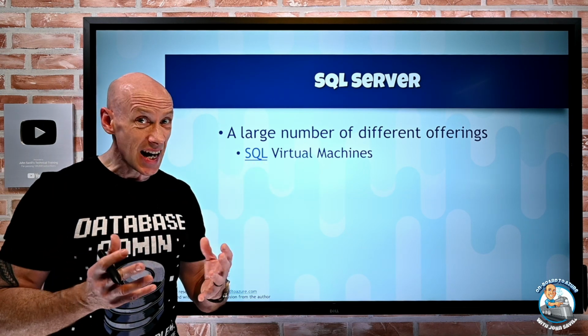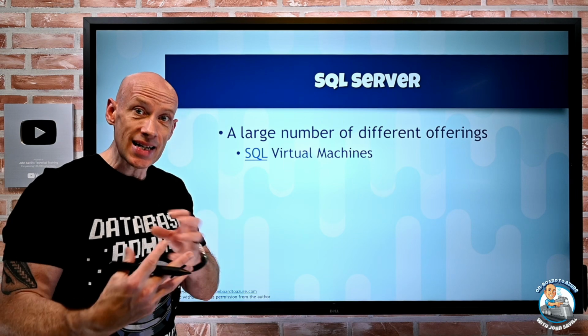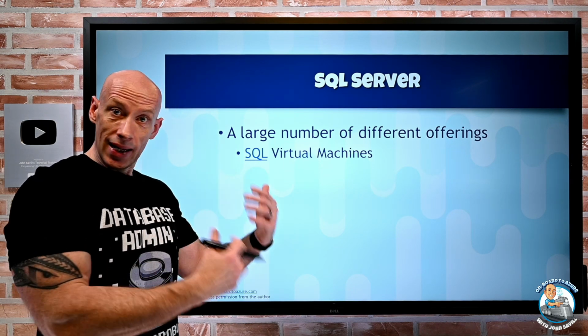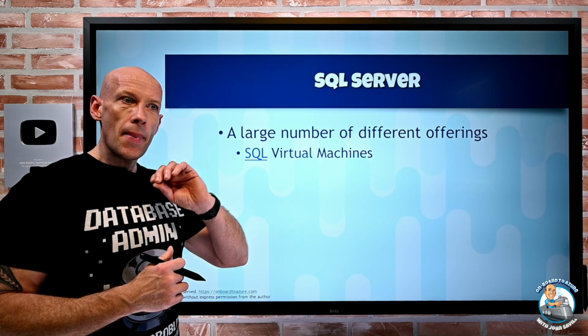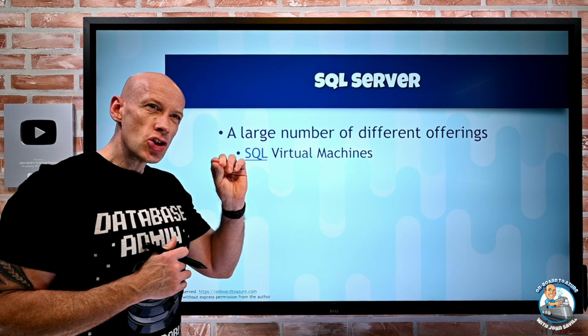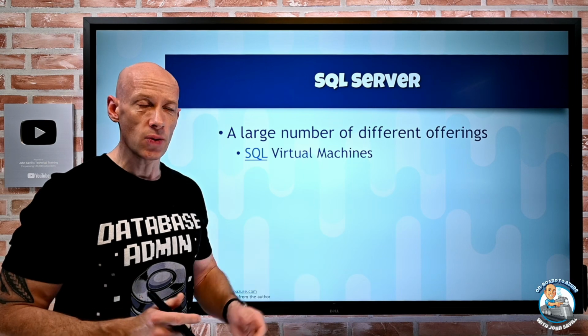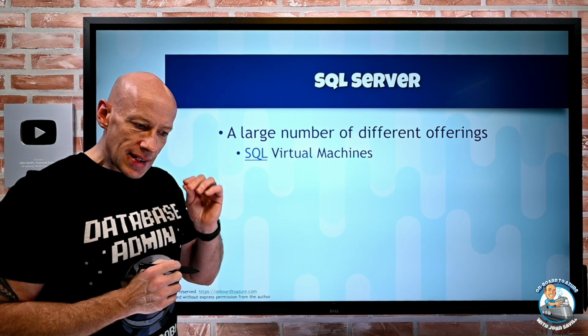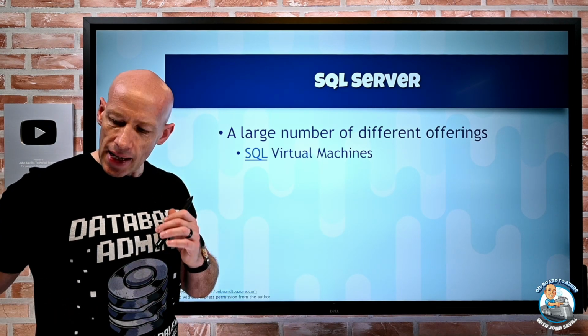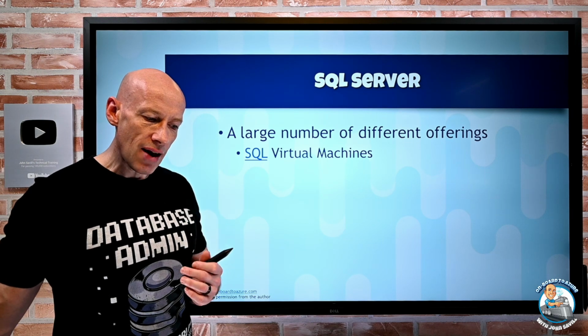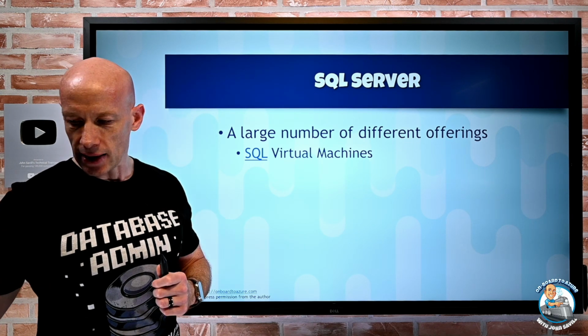There are even container images. I can run SQL Server in a container. I can run it on Linux. But instead of me just having that SQL installed and then washing its hands of it, there's the ability to have an agent extension. And the agent extension can give me different levels of additional functionality.